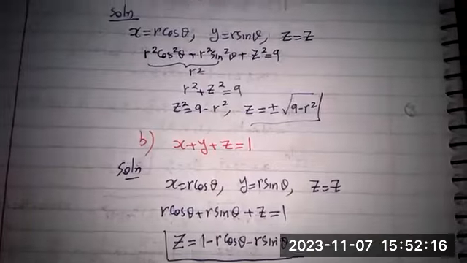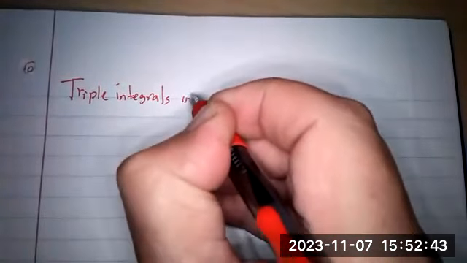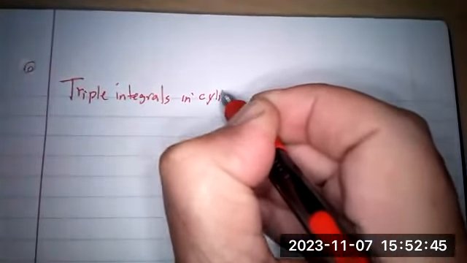So for the conversion, because you have already done the big one, which is two-dimensional, you are ready to change it quickly into this format. So there you are, triple integrals in cylindrical coordinates.